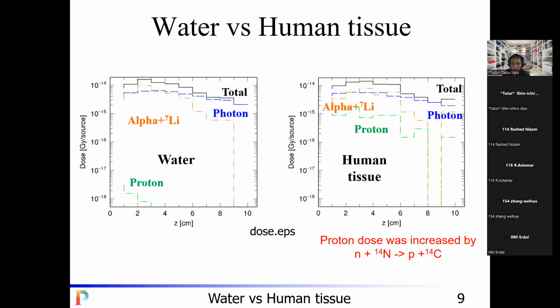In X-ray therapy simulation, the human body is usually represented by water with different density, but that assumption cannot be used in Bnct dosimetry. In Bnct dosimetry, you need to consider the actual material composition. So that's a very important thing. You have to be careful about Bnct dosimetry.